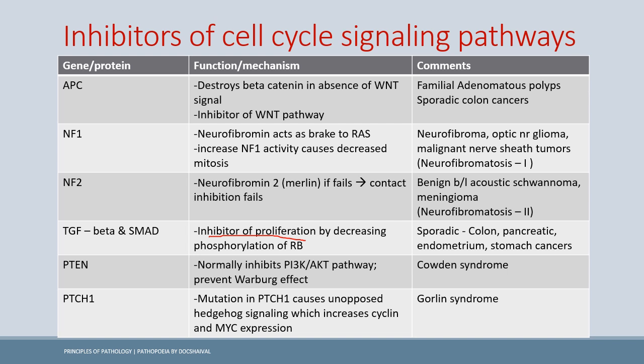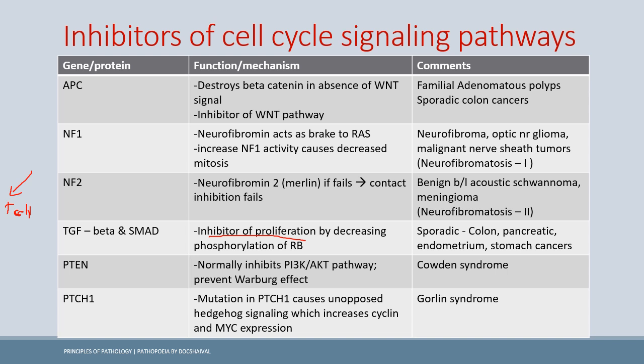If TGF beta is inhibiting the proliferation of T cell lymphocytes, that is a problem, because T cells have a role of surveillance in the tissues, and lack of surveillance would cause cancer to form.